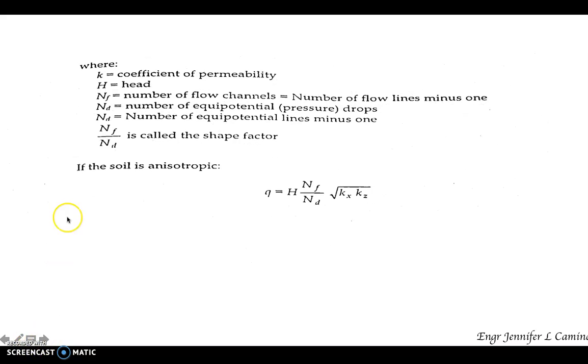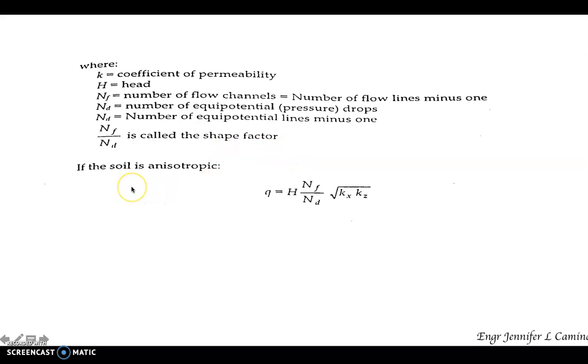Our NF is the number of flow channels, and our ND is the number of equipotential drops, or the number of equipotential lines. The ratio between NF and ND is called the shape factor.